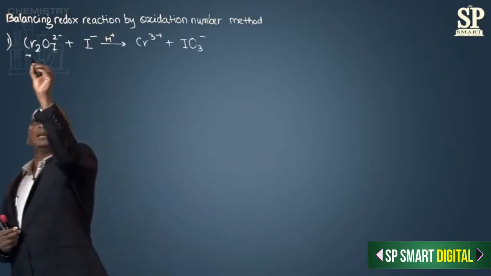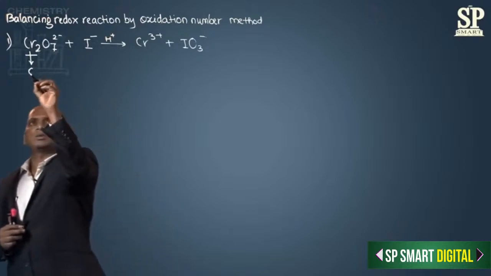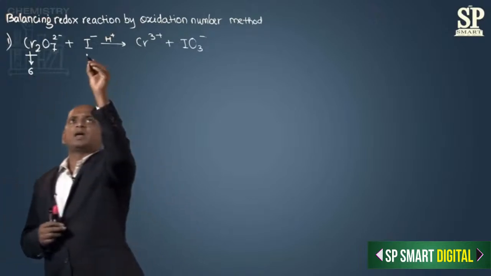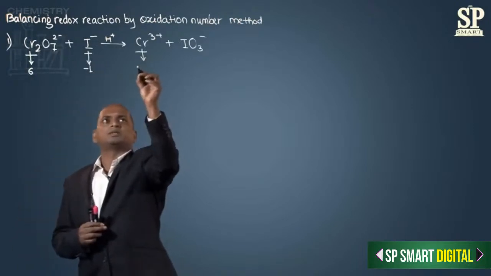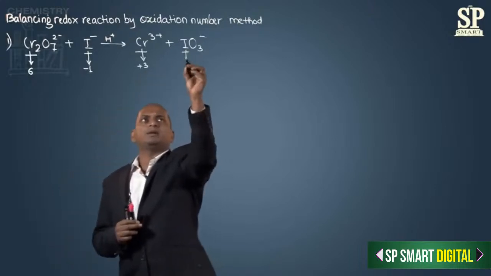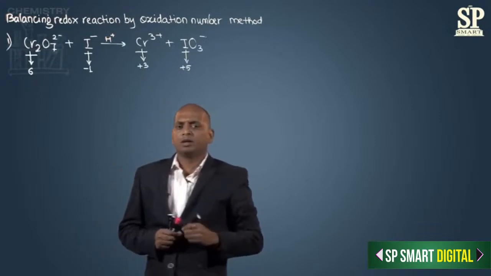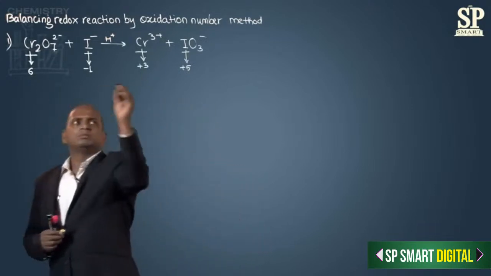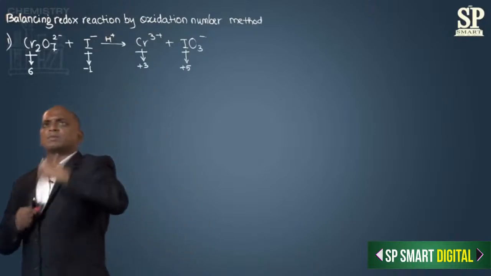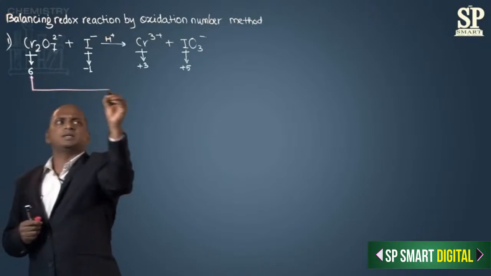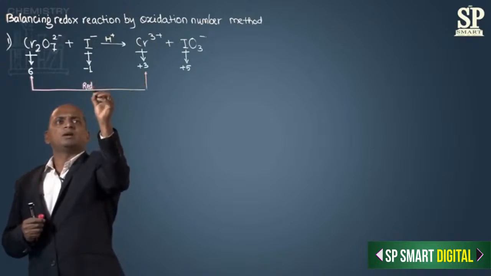So the oxidation number of chromium is +6 over here. Here it is -1, here it is +3, and here we have +5. So chromium is undergoing reduction because there is a decrease in oxidation number.